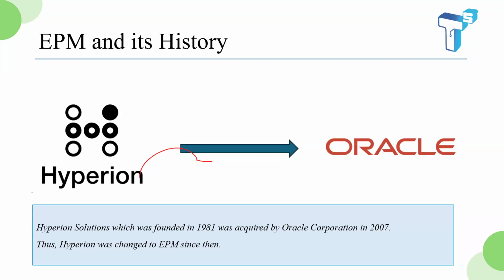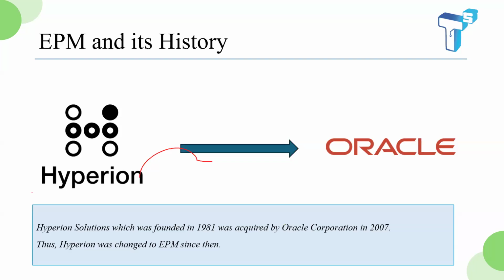Because the solution was far better, it got all the attention in the market. So seeing the demand, Oracle acquired Hyperion Solutions in 2007, and they renamed Hyperion to EPM, which is Enterprise Performance Management. So this is about its history.